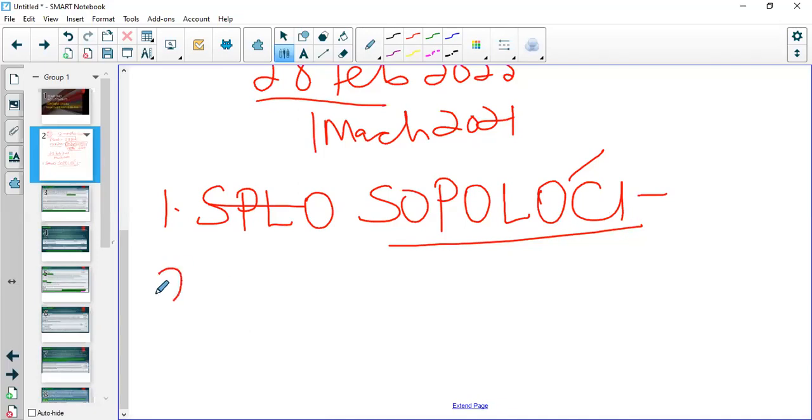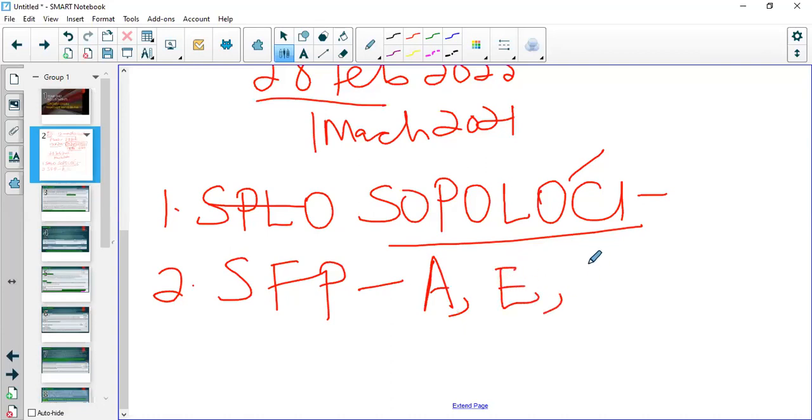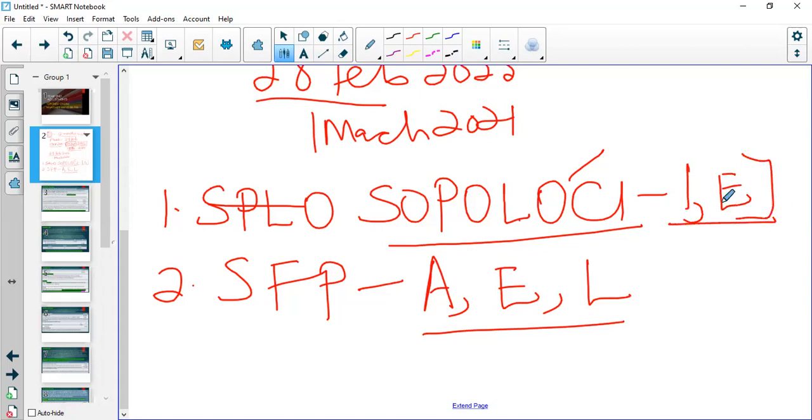We're also going to focus on the statement of financial position. The statement of financial position is going to give us the assets, the equity, and the liabilities. And then the income statement is going to list for us the income and expenses so that we can determine the profit or loss made. In the statement of profit or loss, we're going to include income and expenses.